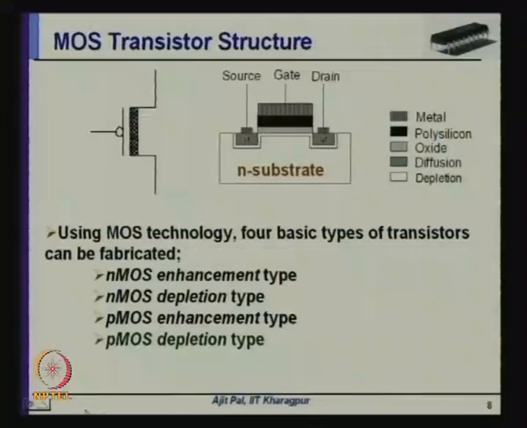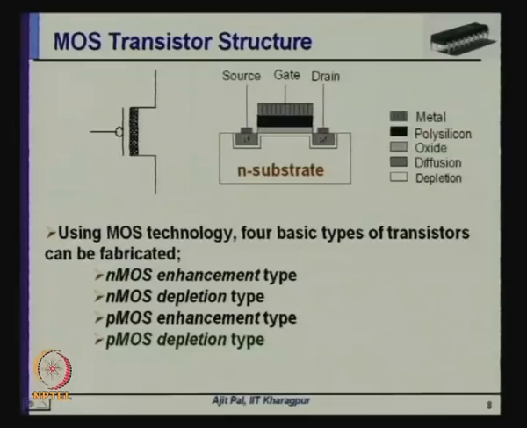In NMOS transistors, the electrons take part in the flow of current. On the other hand, in PMOS transistors, the holes take part, and that is the reason why MOS devices are known as unipolar devices, in contrast to bipolar devices.